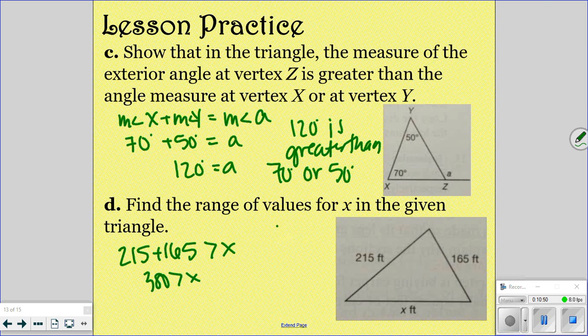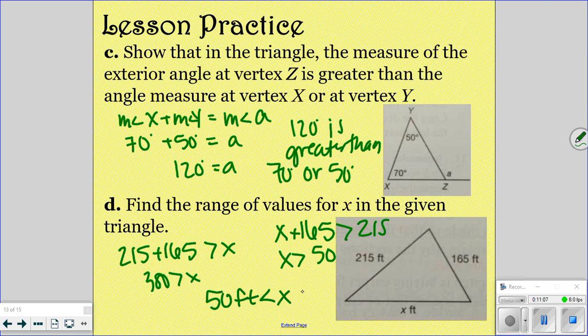Or if X were the smallest side, the other smaller side is 165, and they would have to be greater than 215. So if you subtract, X would have to be greater than 50. So if you put that into one inequality, 50 feet is less than X, which is less than 380 feet.